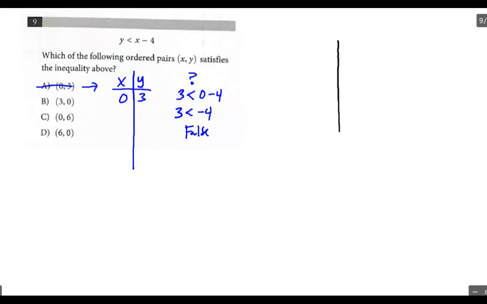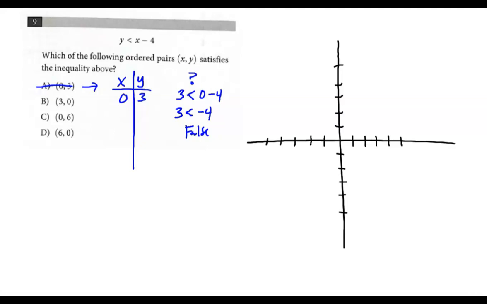So if I start off with my XY grid, 1, 2, 3, 4, 5 in each direction, I'm going to pretend that I'm going to graph the line y equals x minus 4. And this is not too bad to graph because I have the y-intercept.